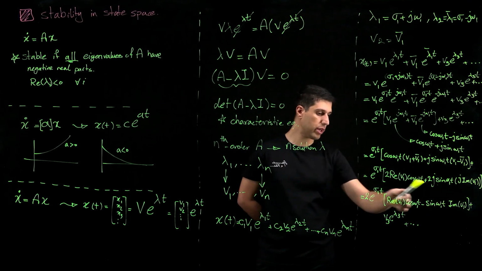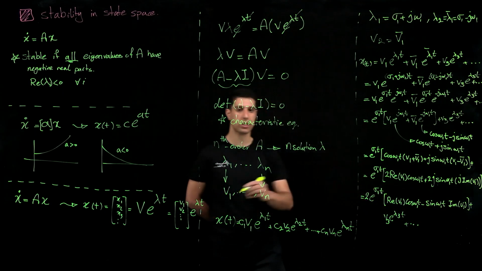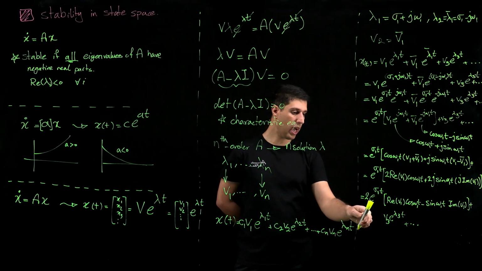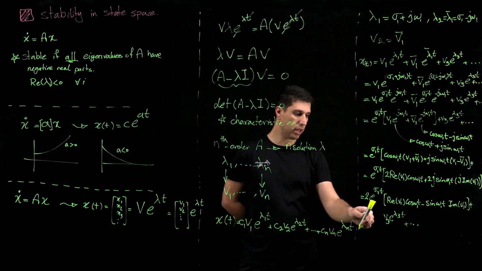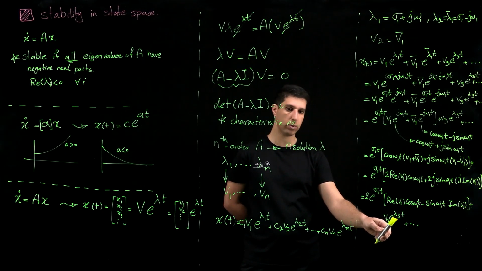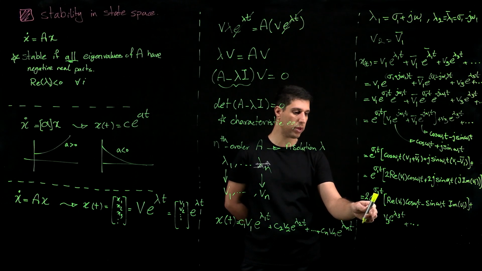And this is a real number that just oscillates. So long story short, I have these exponential terms that are either the whole eigenvalue, if it's real, or only the real part of it.